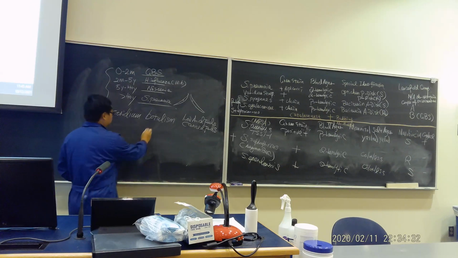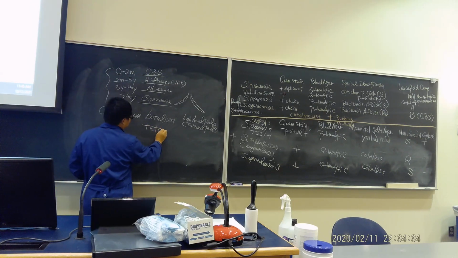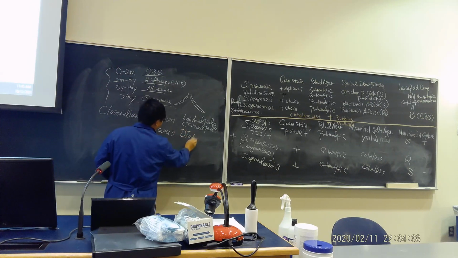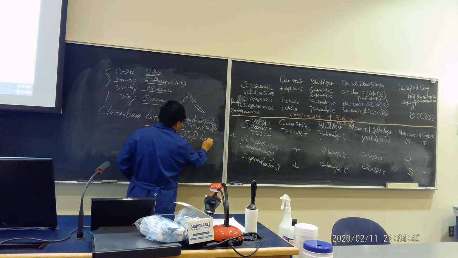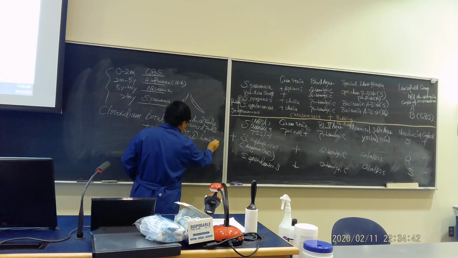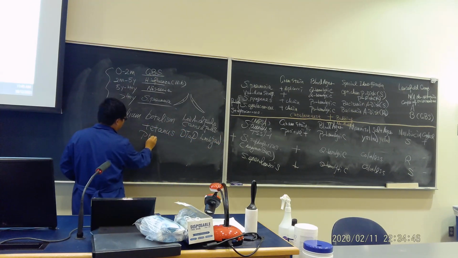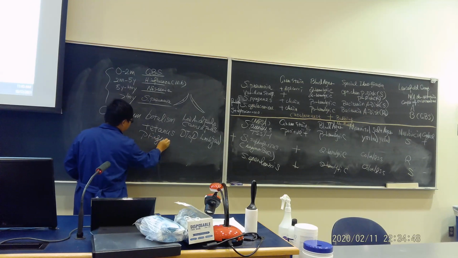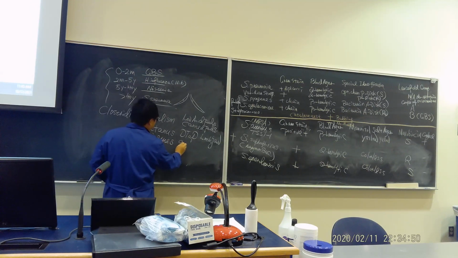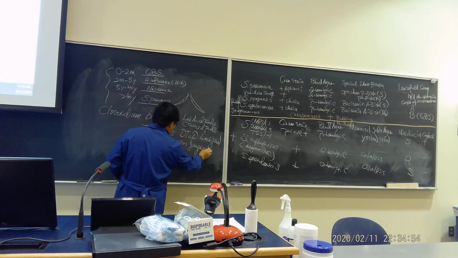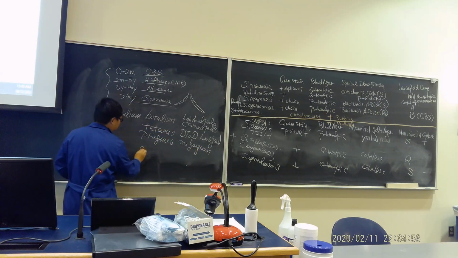What's the second one? Tetanus. This is related to DTaP and lockjaw. Okay, how about perfringens? Perfringens. This is gas gangrene. What's the last one? Difficile.